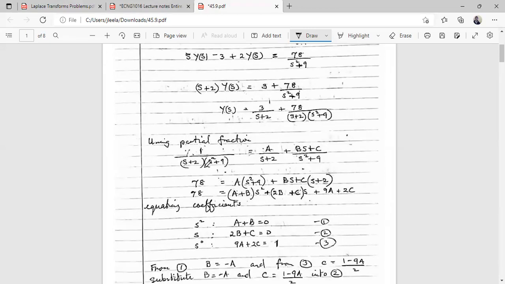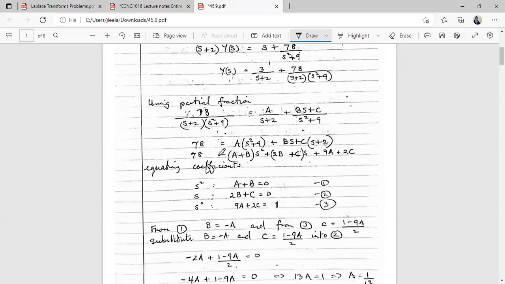So here now, remember the 78 over (s plus 2)(s squared plus 9) could be written like this. 78 over (s plus 2)(s squared plus 9) is equal to A over s plus 2 plus (Bs plus C) over s squared plus 9.